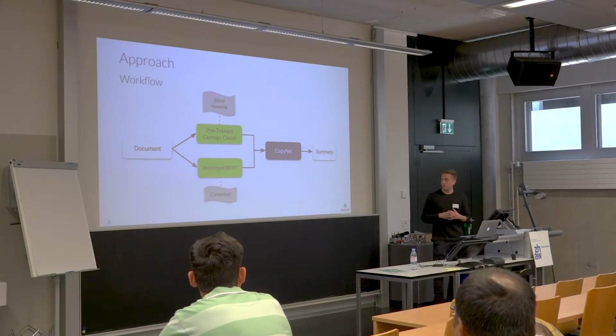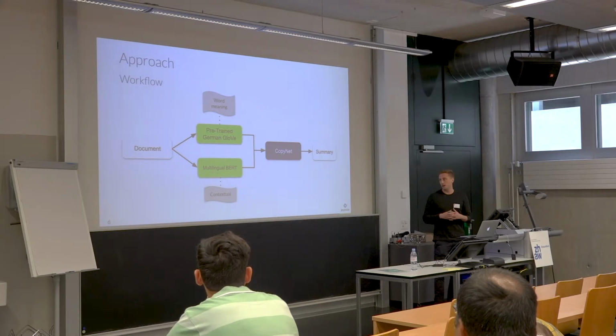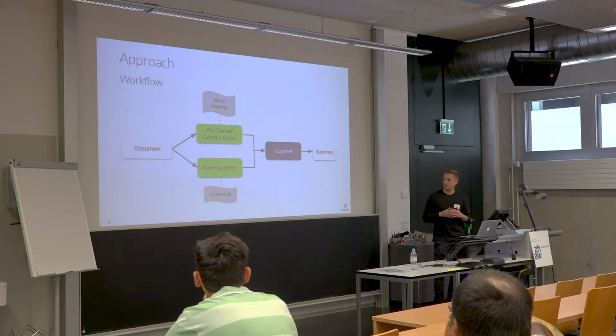This is the reason why we also chose multilingual word embeddings to also have this contextual information. So we have on the one hand the word meaning, and on the other hand the contextual information. We combine these two because we found out that it's beneficial to further benefit the word embeddings. So not only feed the word embeddings to BERT and just use the result of BERT, but combine them both. As I said, we concatenate these and feed them to our summarization model, which creates the summaries.